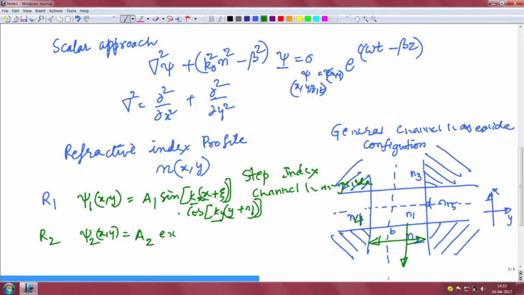Exponential, or just a minute, sine of kx into x plus psi, same as that earlier, but in the x direction. No, in the x direction it is exponential.